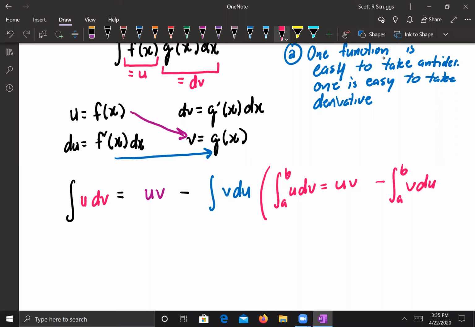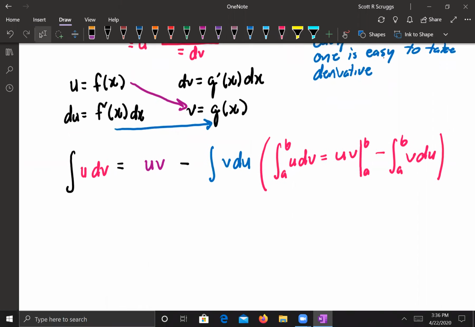And because I'm taking a definite integral, I'm going to have to remind myself that, just like with the fundamental theorem of calculus, I'm going to have to define that as that at the upper limit, and then subtract it off by the u times v at the lower limit. And that's going to be our integration by parts in a nutshell.